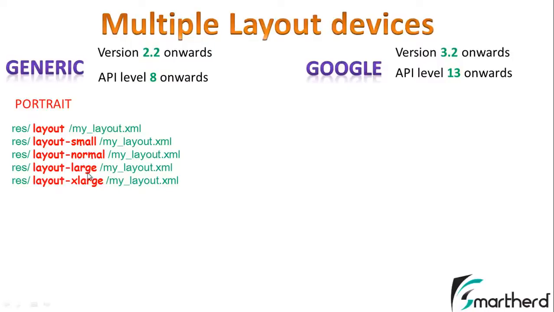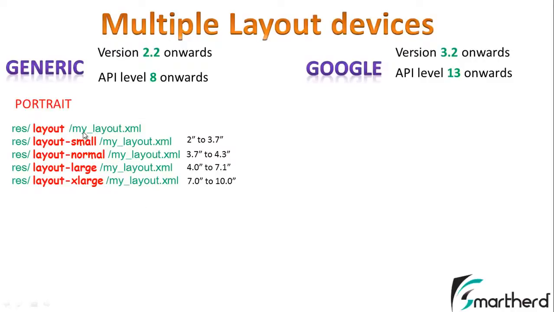All these kinds of devices we saw in the previous tutorial. This small, normal, large and xlarge actually shows how long your screen is diagonally: 2 to 3.7 inch, 3 to 4.3, 7 to 10 inch, right, and so on.